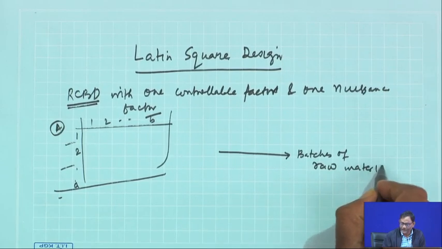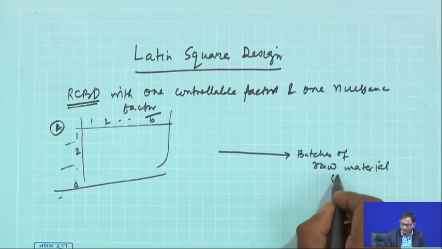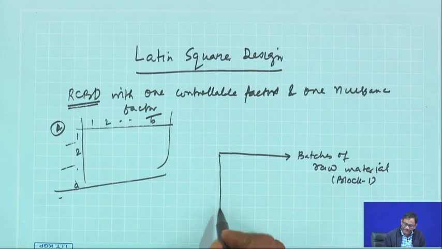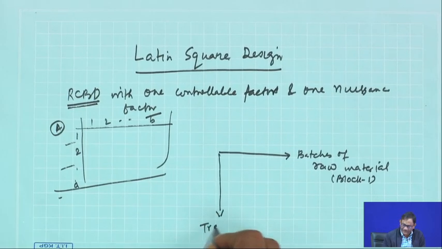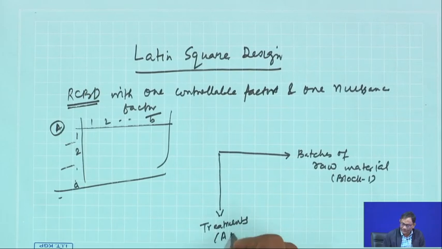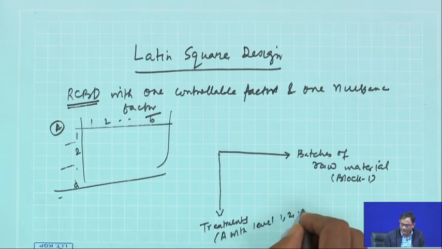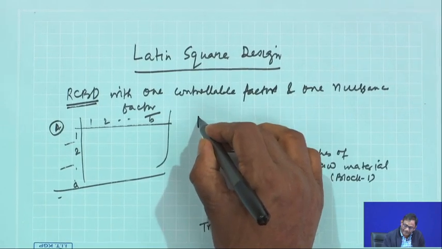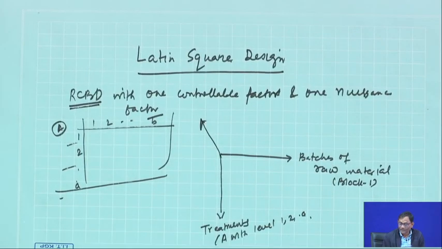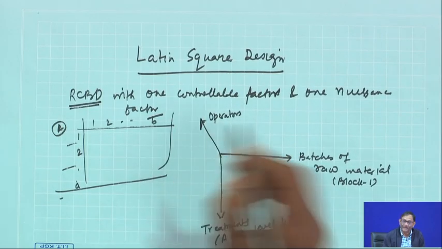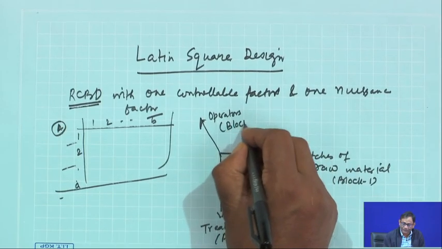this is your block 1, and this side suppose you have the treatments, the factor A with level 1 to A. Suppose there is another block, maybe the operators, it is block 2.